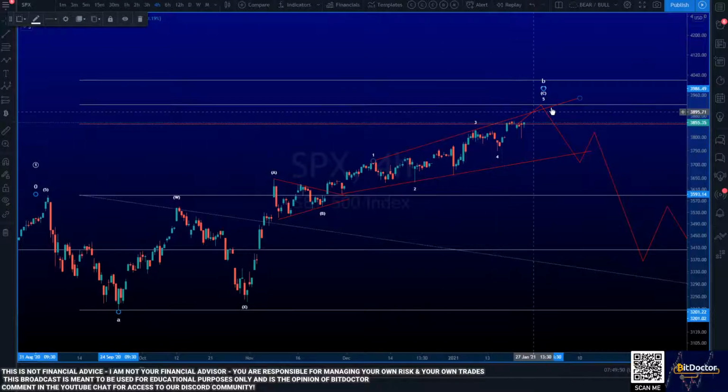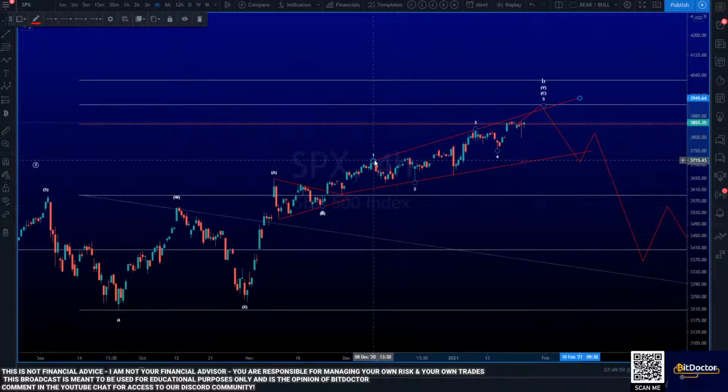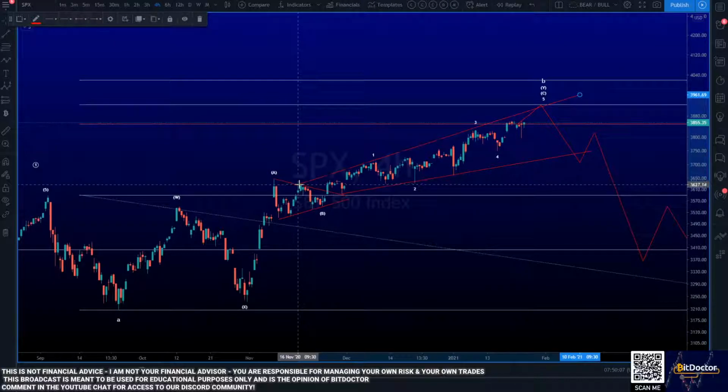I mean, this diagonal right here is going to be pretty strong resistance, and you could probably pull it all the way back here and still create that same upper. So unless we get up above this, I am going to be cautious on this.